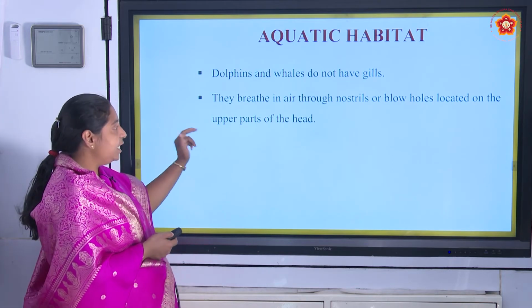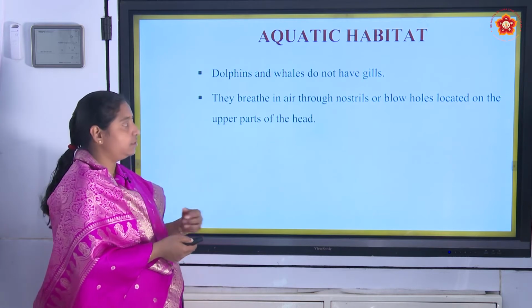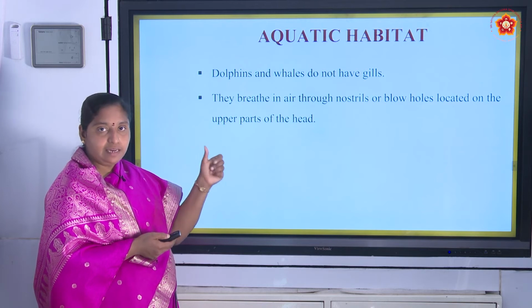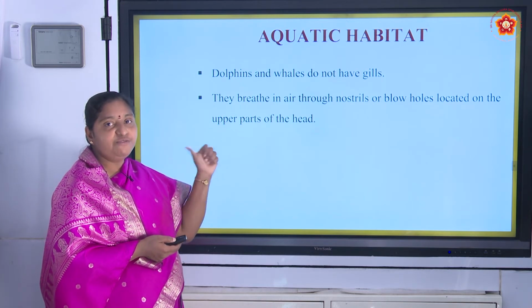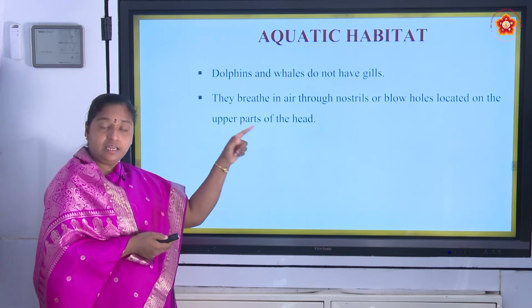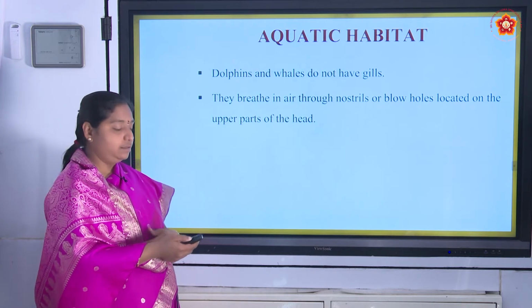These are located on the upper parts of the head. In fish, they respire with the help of gills. In dolphins and whales, they respire through nostrils. In other words, we can say blowholes.